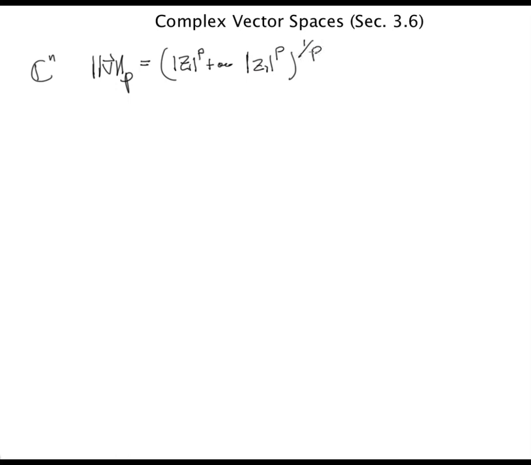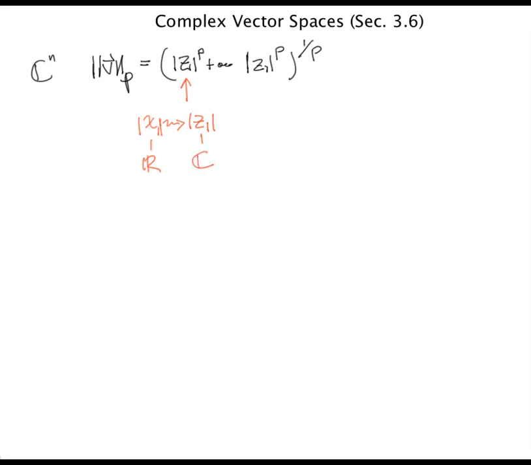So it's just like for real vector spaces, and the main thing is when you go from real to complex, instead of x1 here, you have the absolute value of z1. Over R you'd have the absolute value also. And you just use the absolute value of a complex number.